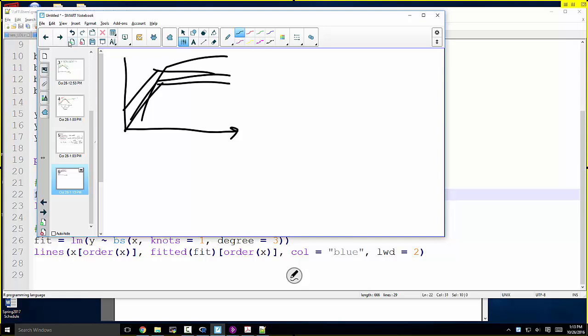And then let me say that there are some optimality properties of a spline with 3 degrees of freedom. 3 is kind of a magic, not magic, but I mean it works really well for a wide variety of types of curves. So a cubic spline, that's like BS with degree 3, is I think the default for a lot of software.